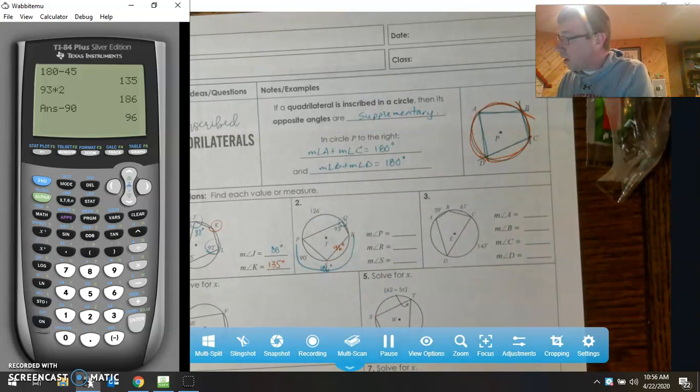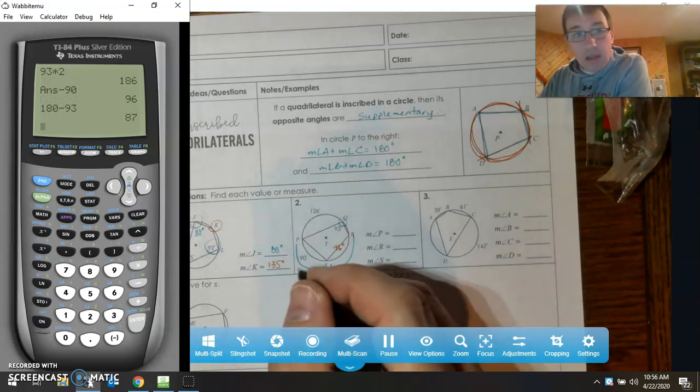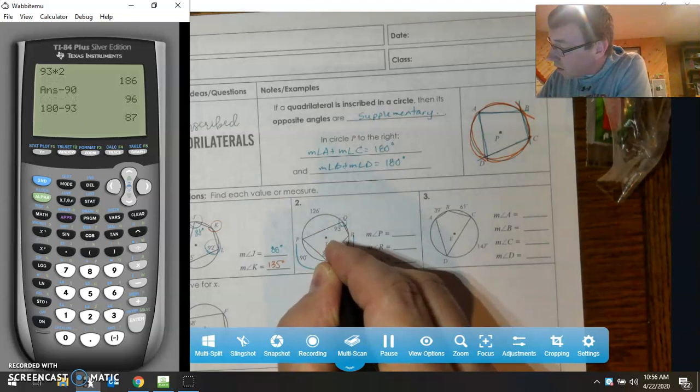Okay. So if that's the case, we're going to have to do some nifty little stuff here. I also know that angle S is going to be 180 minus 93. So I know angle S will be 87 degrees.